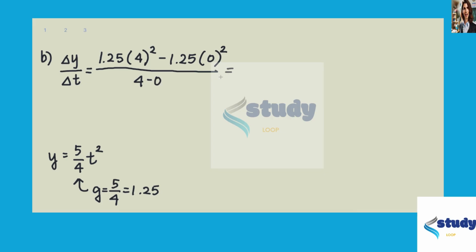When you put this into the calculator, you get 20 in the numerator divided by 4 in the denominator. Therefore, the average speed for the fall is 5 meters per second. Oh, sorry, I wrote feet for some reason. Make sure your units are always correct. It's very different. It should be 5 meters per second.